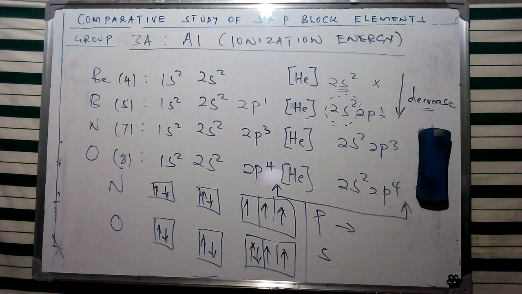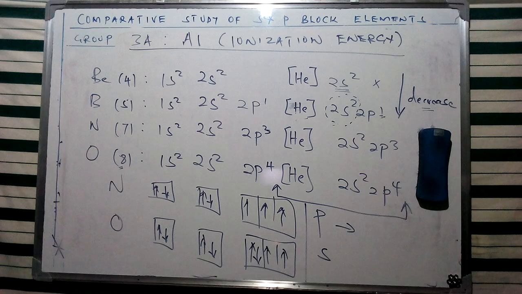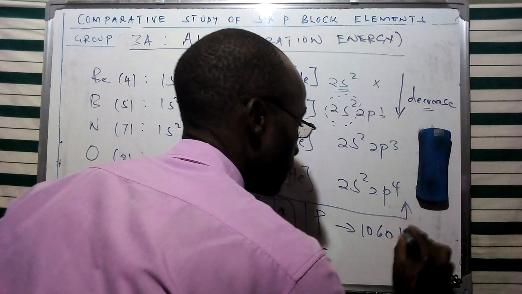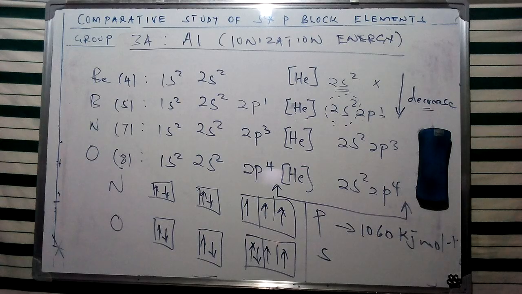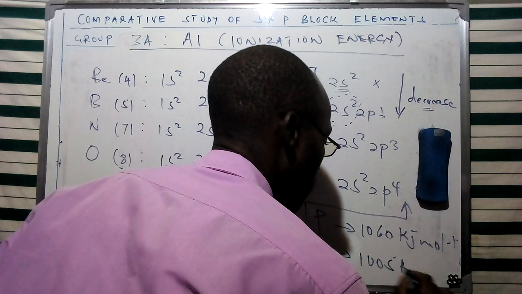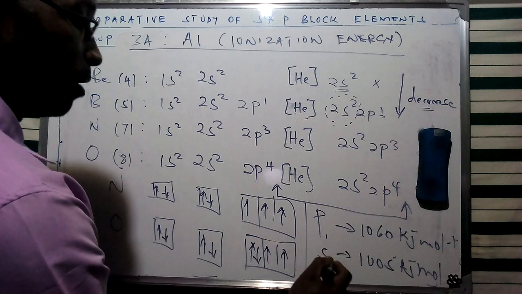These have atomic numbers with the same organization of electrons as nitrogen and oxygen. Therefore, phosphorus has an ionization energy of 1060 kilojoules per mole, which is its first ionization energy. And then we have 1005 kilojoules per mole for sulfur, which is its first ionization energy.